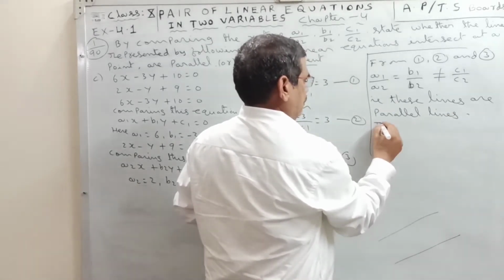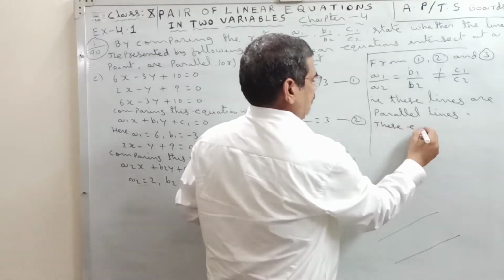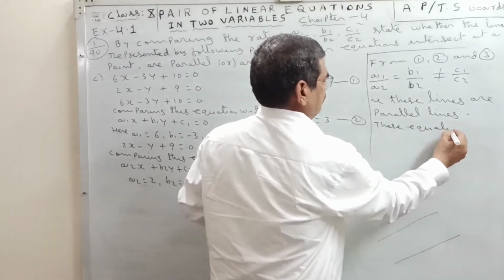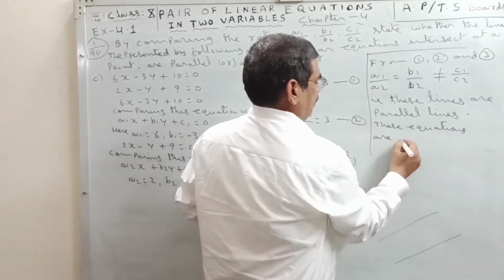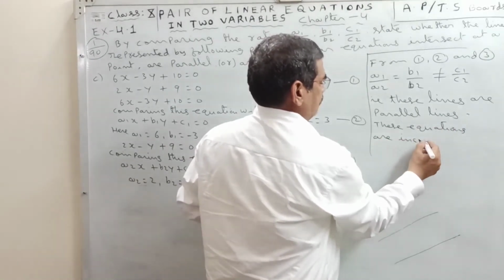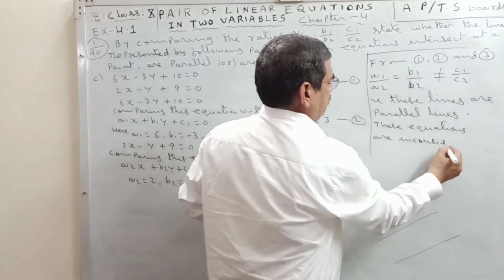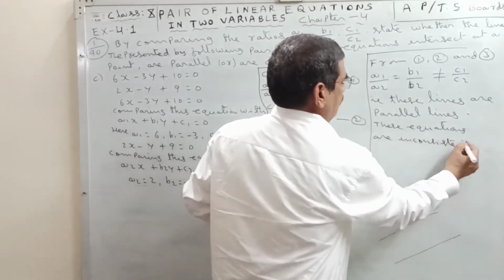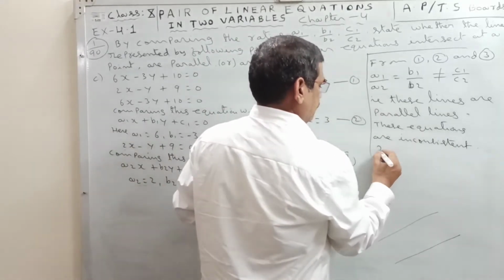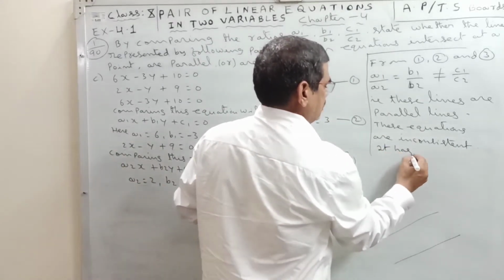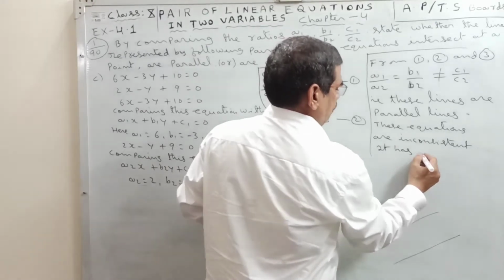So these equations are inconsistent. No solution means inconsistent. If a solution is there, consistent. So it has no solution.